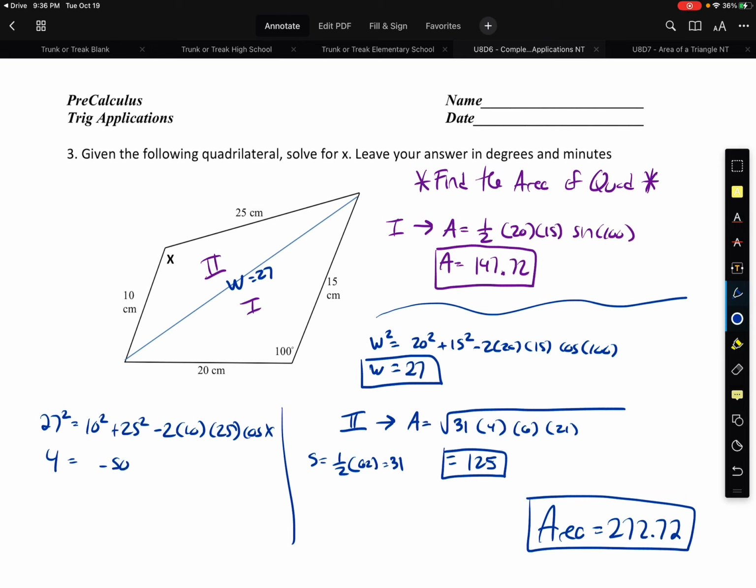So 4 equals negative 500 cos x. I get 4 divided by negative 500, take the inverse cosine of that, and I get my angle to be 90.46 degrees. Done.